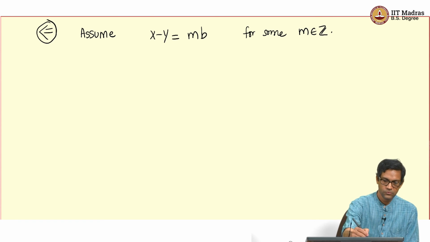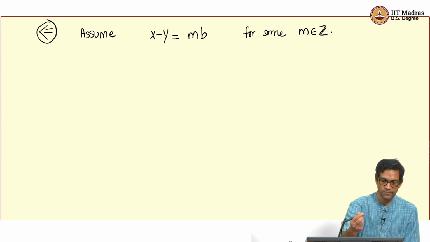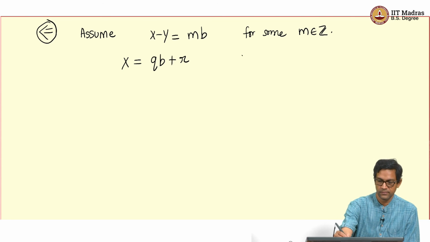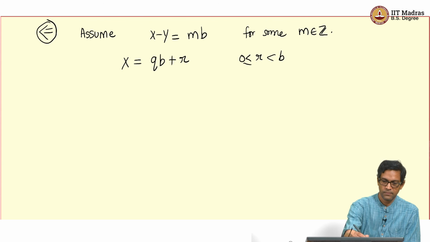Given this, we have to figure out that the remainders that x and y give you are the same. Okay. So, let us do the division algorithm. So, let us write x first as some multiple of b plus some remainder. I have to check that y also gives me the same remainder. Okay. So, let us calculate y using what is given.